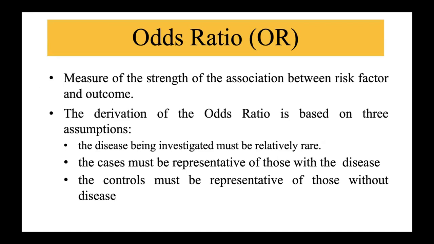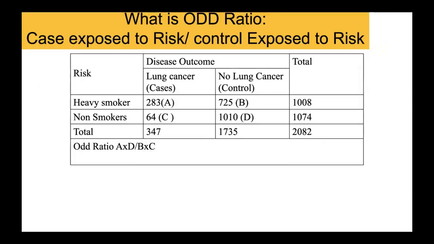So odds ratio, how to calculate the odds ratio? This is the example. Can you calculate the odds ratio from this one? There are two groups, lung cancer cases and no lung cancer cases.